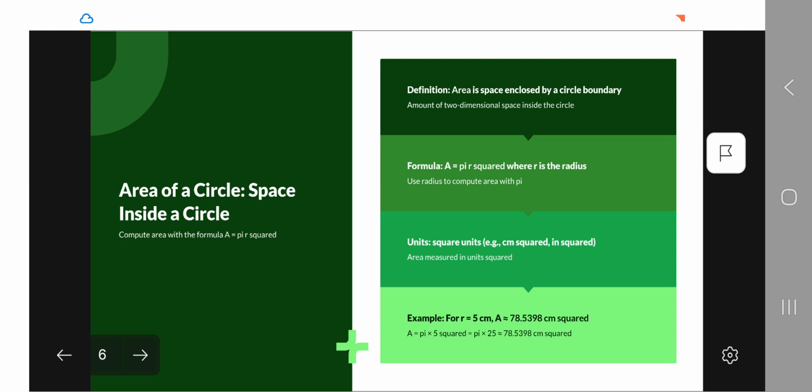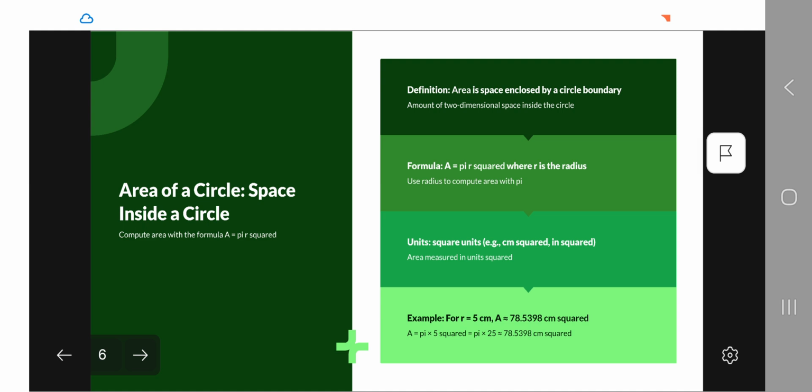Okay. So the units to identify the area of a circle are square units, which is centimeters squared, inches squared, so area is measured in units squared. So why on earth do we need to measure a circle, even though the units, it was called area, the area formula is centimeters squared.